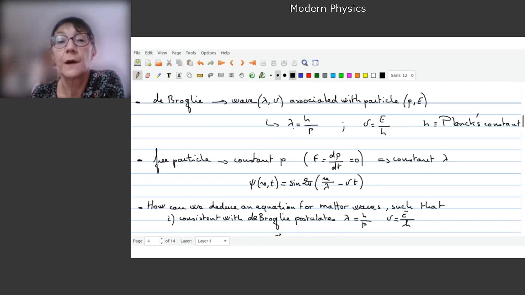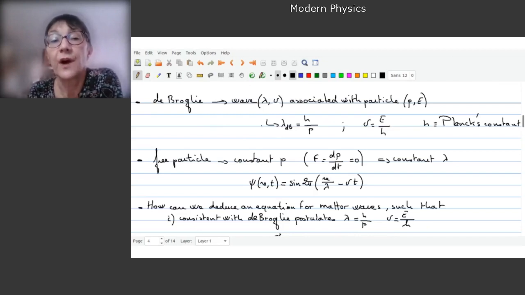This lambda here, I'm going to call lambda De Broglie, for a material particle. As soon as it is possible to observe behaviors like interference and diffraction, it cannot be too small, because if it's too small, you won't have the possibility to find a physical arrangement to put this behavior in evidence.